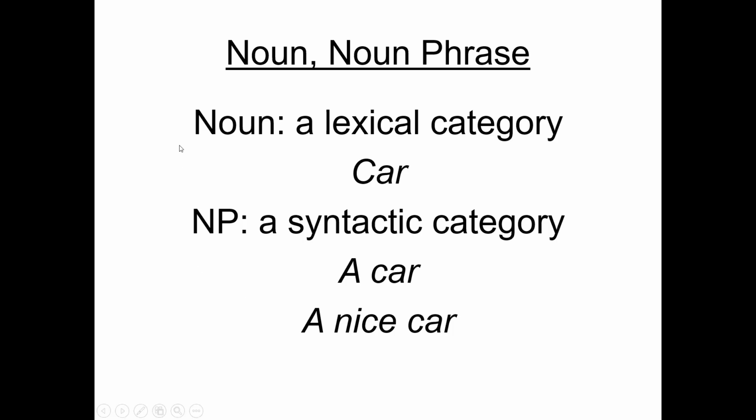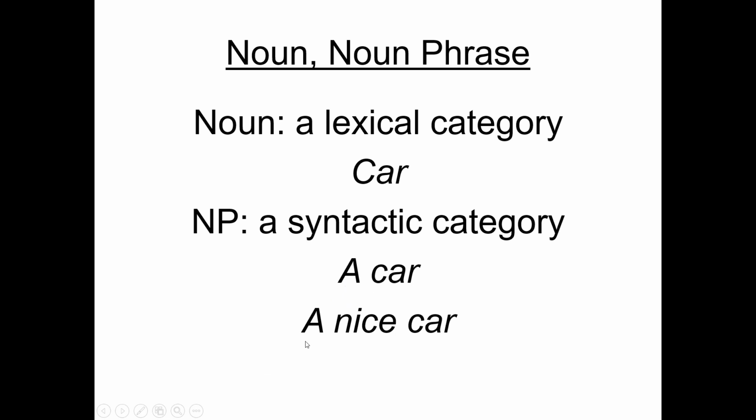Okay, back to content words. A noun is a word, a lexical category, and it answers the question who or what, a car. A noun phrase is a syntactic category. That means that it's a part of a sentence. It may have a determiner, like the indefinite article, a car.